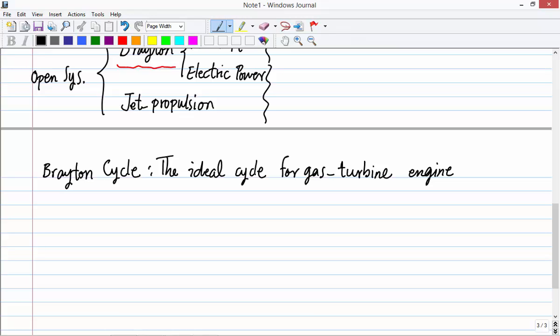In each of these subsystems, compressor, turbine, and heat exchanger, there is a process going on, a path going on. Remember 1 to 2, 2 to 3, all this stuff? So in this cycle, state 1 to state 2 is an isentropic compression.